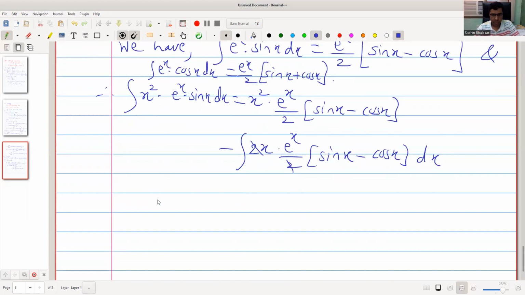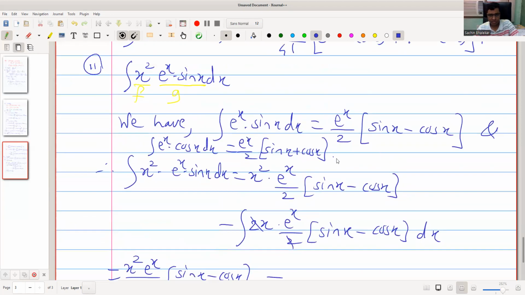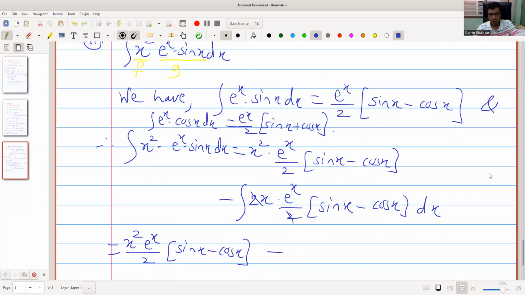So the right hand side is equal to x square e raised to x by 2 (sin x minus cos x) minus, here again, x into this one. We treat x as the first function and this as the second function. Now what is the integral of e raised to x into (sin x minus cos x)? It is a subtraction of these two things. So e raised to x by 2 is common, sin x minus sin x is 0, and minus cos x minus cos x is minus 2 cos x.